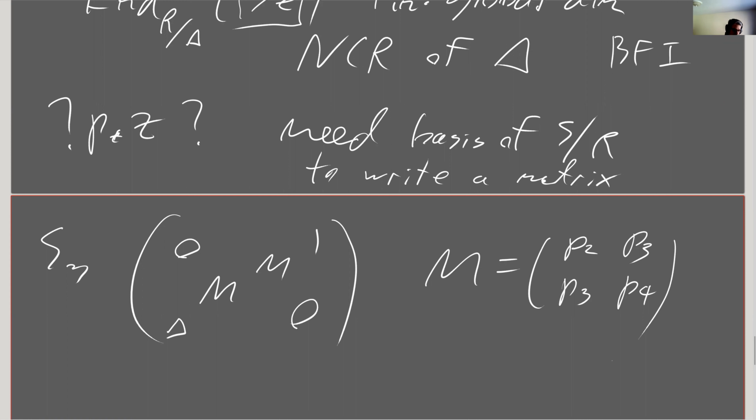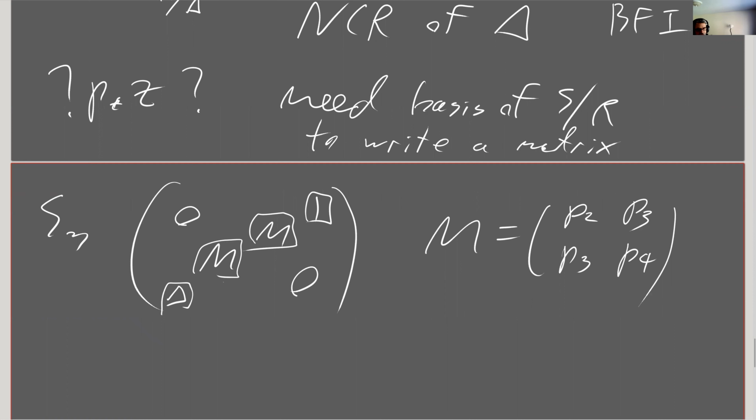Okay, so for S3 we have these 1 by 1 and 2 by 2 blocks appearing. What you have to do is find a basis where you can get this nicer description. And the point now is that p push forward of Z, or this matrix factorization, splits into smaller things.